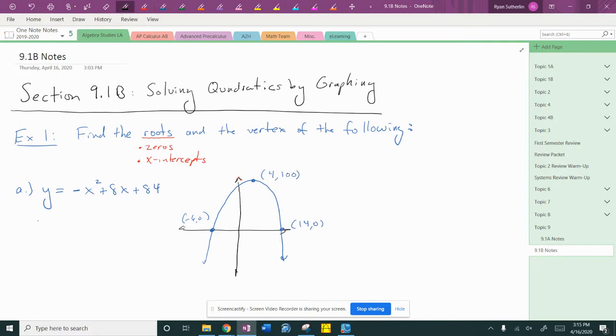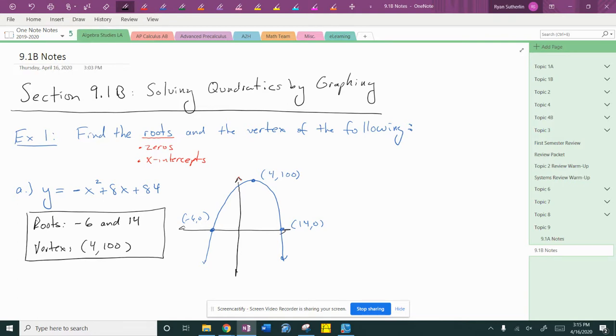So if the question asks, what are the roots? I can say the roots are negative 6 and 14. You don't have to write the coordinate ordered pair when they ask for the roots. And our vertex of this graph is (4, 100).